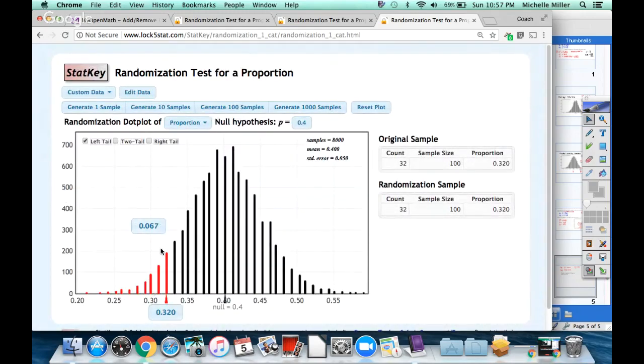All right, so if we believe there's 40%, we get a sampling distribution based on that and the sample data. We plug in our sample data and we find that 6.7% of the 8,000 samples that we simulated ended up being less than or equal to 32%. So that's my p-value.